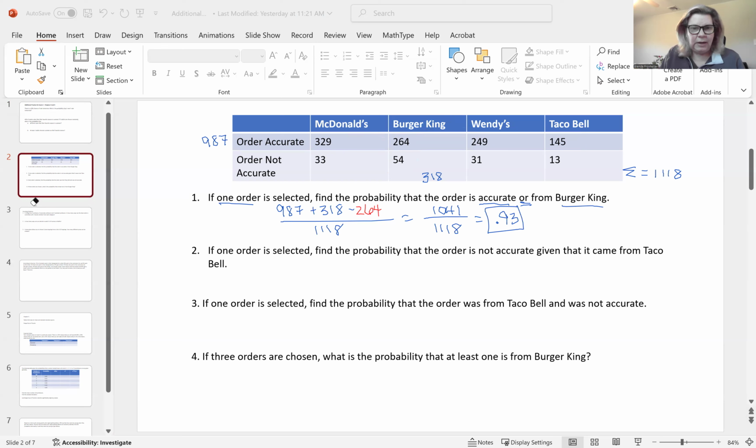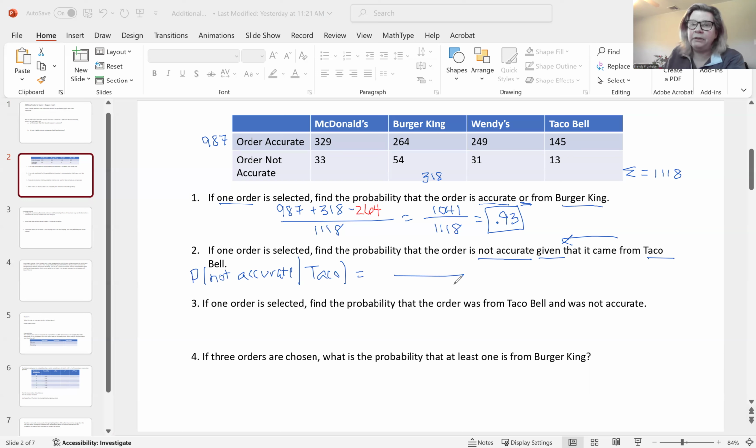All right, so next one, if one order is selected, find the probability that it's not accurate given it's from Taco Bell. Well, this idea of given, remember, is where it changes the population. Now it's not out of all of the orders, it's just out of the Taco Bell. So it's the probability that it's not accurate given that it's from Taco Bell.